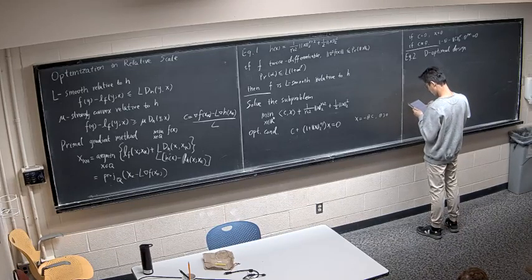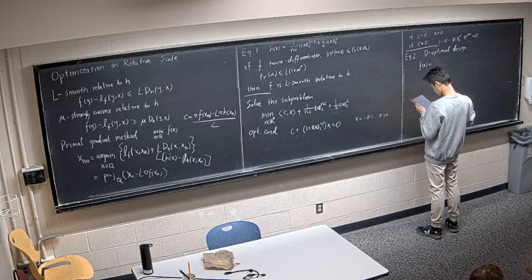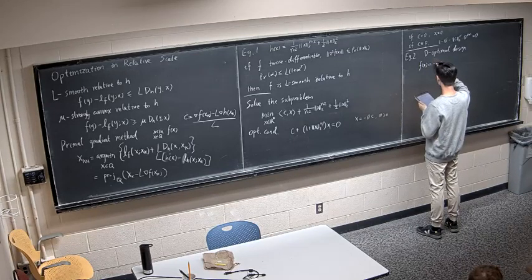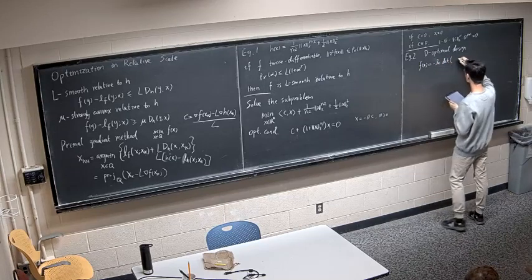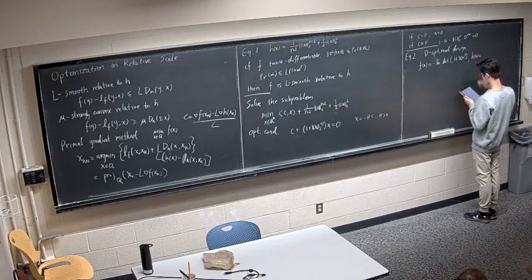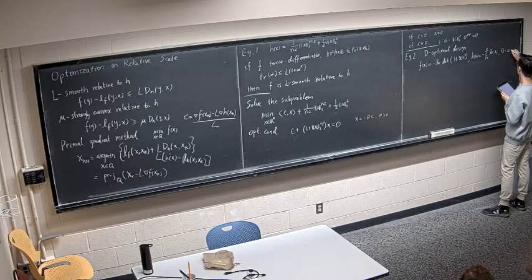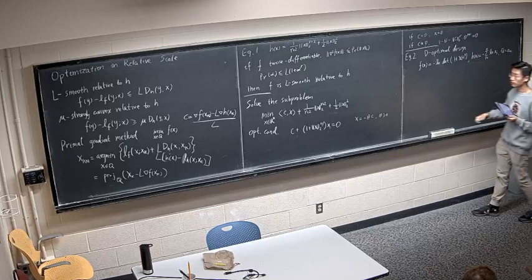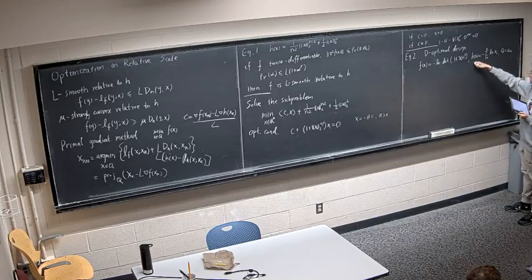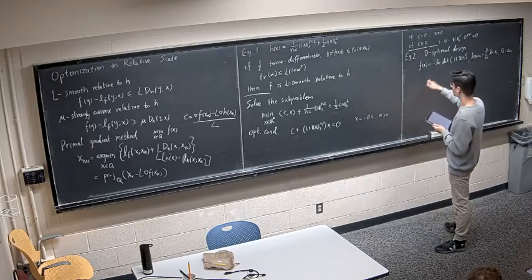The f we had, we showed that this f is 1 smooth relative to h on the unit simplex. And now let's see how we solve the subproblem in this case for the optimal design.